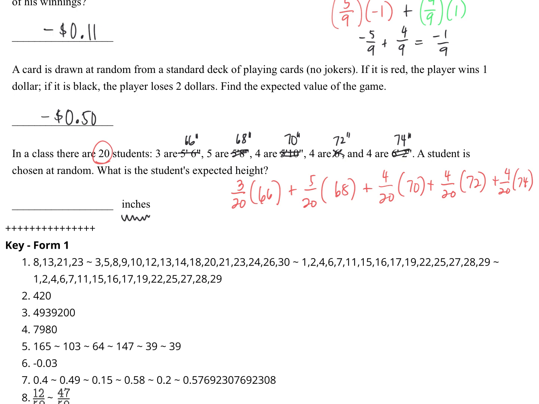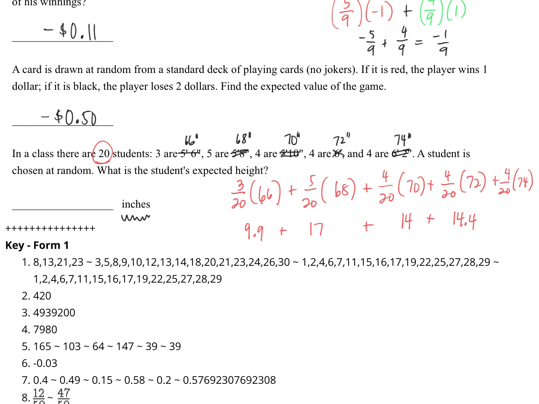So 3 divided by 20 times 66 would give you 9.9. 5 divided by 20 times 68 would give you 17. 4 divided by 20 times 70 would give you 14. 4 divided by 20 times 72 would give you 14.4.